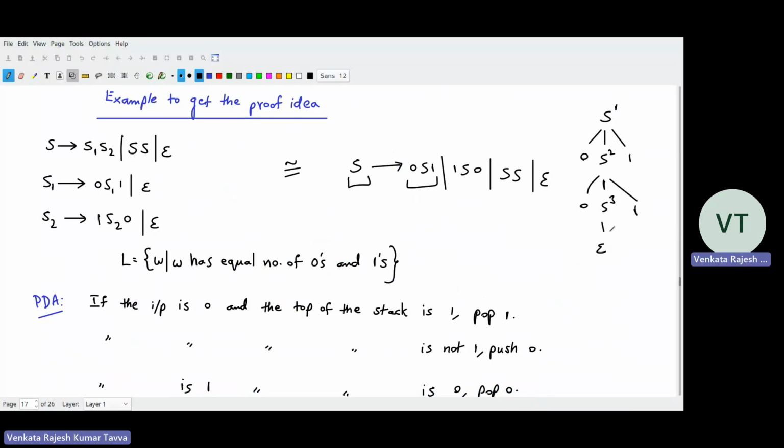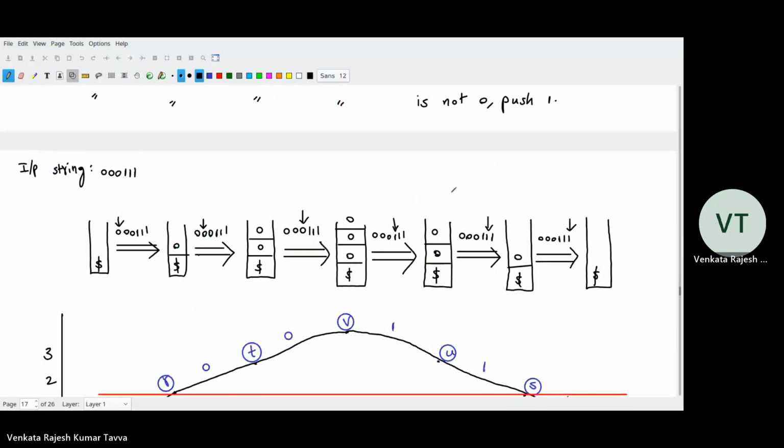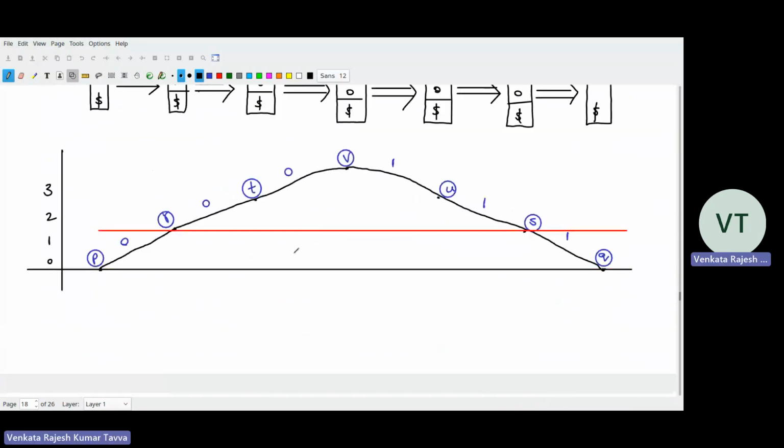Okay, now similarly, here I can call this S1, this will generate the largest string. This I will call S2, this will generate a sub portion. Okay, and so on. Now this portion, like I said, will be recognized by the entire PDA, and whatever is there between R and S will be recognized by the sub portion of the PDA.